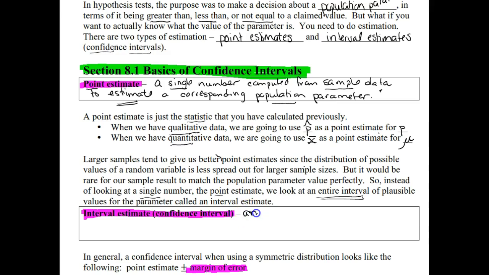So this is going to be an interval of numbers around the point estimate that we will have a certain level of confidence contains the true value of the population parameter.